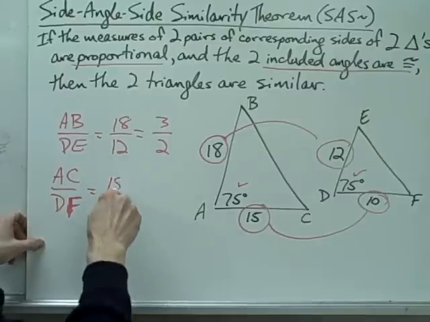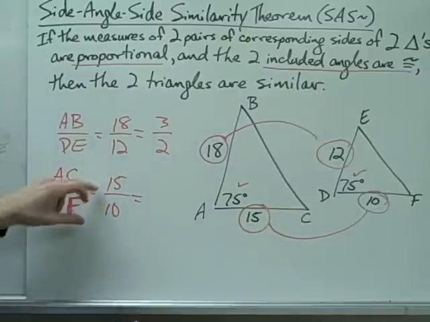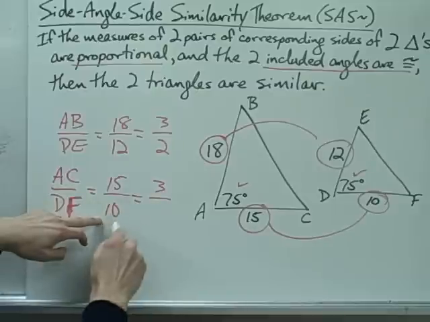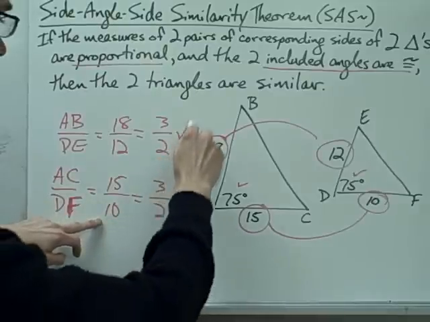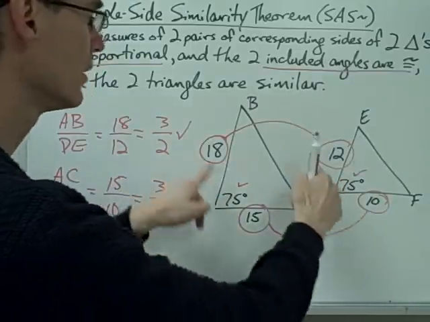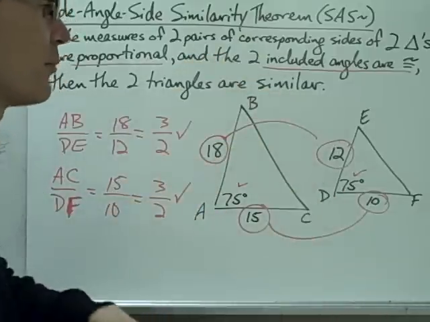So AC is 15. DF is 10. And if I divide top and bottom by 5, 15 divided by 5 is 3, 10 divided by 5 is 2, and yes, both of these ratios are equal, therefore those pairs of corresponding sides are proportional.